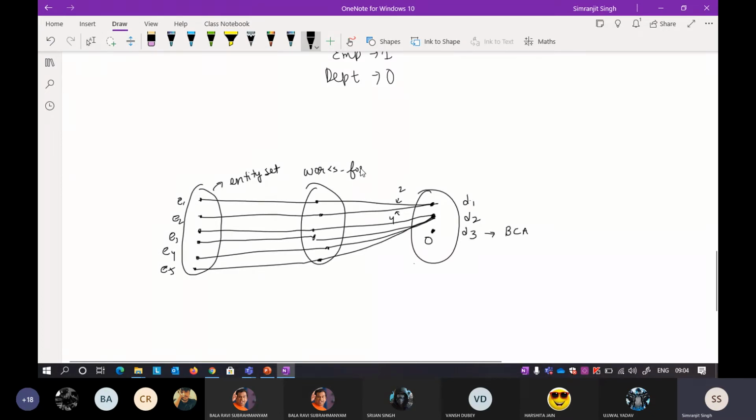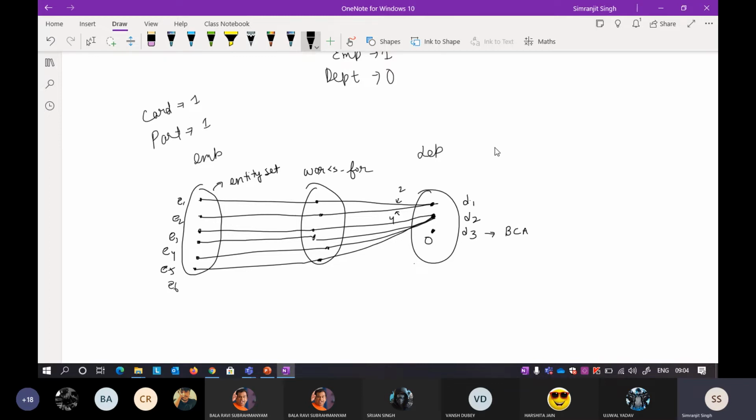Works for: employee, department, D3, E1, E2, E3, E4, E5, E6. So there are 6 relationships, 6 employees. Now we know that the participation from the employee set is 1, the minimum number. And what is the cardinality from the employee?